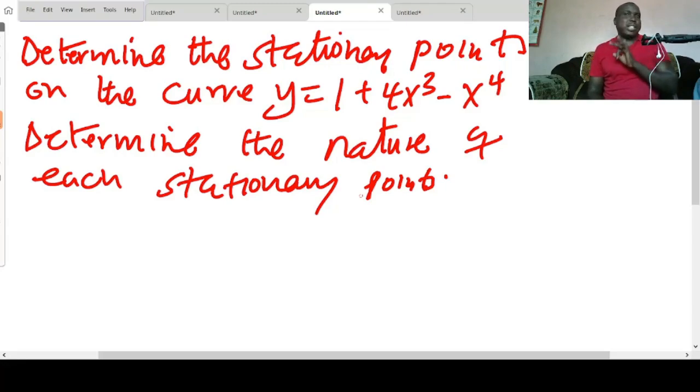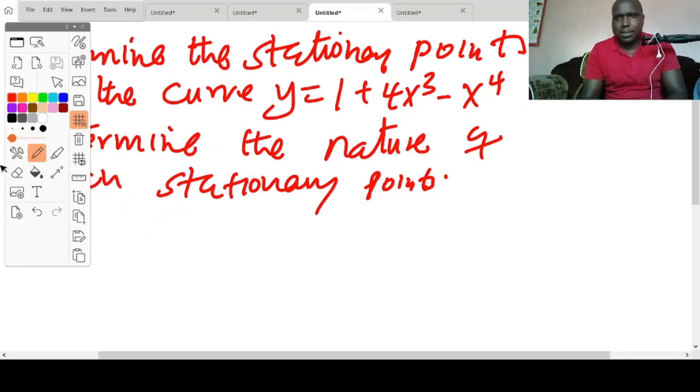But mostly you will get 2 values of x, where one could be the maximum and another the minimum, or one could be the maximum or minimum and another a point of inflection. So that is the nature. You are going to say this point is maximum, this point is point of inflection, this point is the minimum. That is what we call the nature. So for the nature, you determine whether it is maximum, minimum, or the other way.